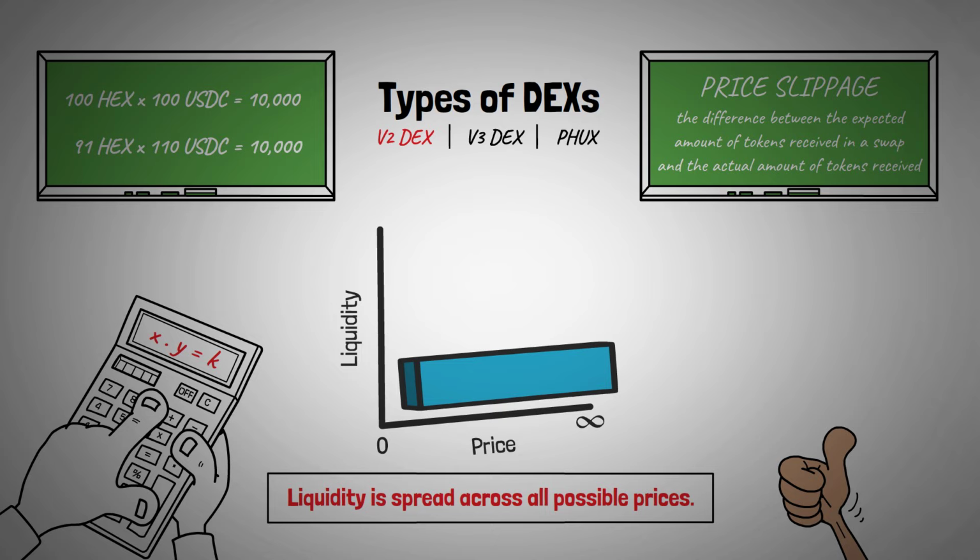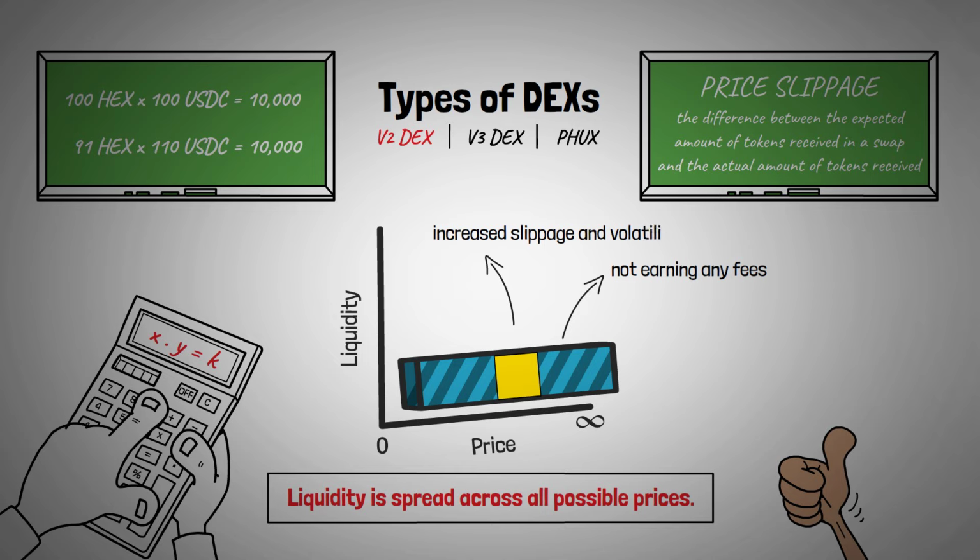However, this may also lead to inefficient liquidity providing, especially for non-volatile pairs where some price ranges may never be met, thus not earning the liquidity provider any fees. Meanwhile, the current price ranges might incur increased slippage and volatility due to the lack of liquidity, as the tokens are spread out too thinly.